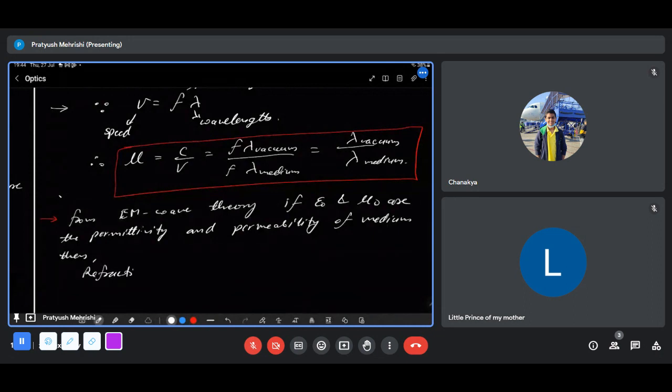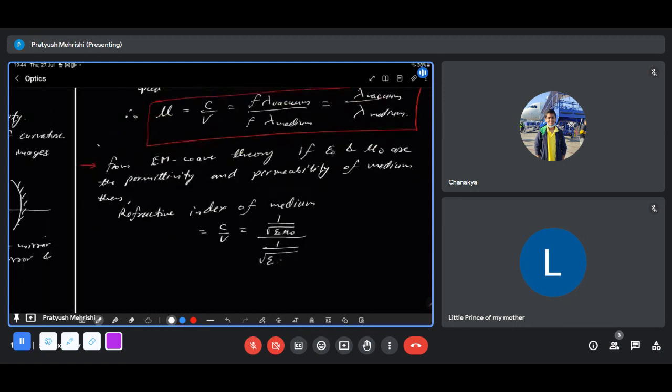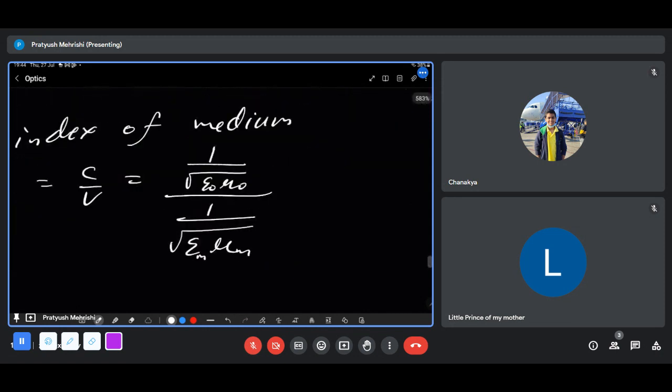then the refractive index of the medium, C upon V, will be 1 upon root of epsilon naught mu naught divided by 1 upon root of epsilon into mu, epsilon of medium and mu of medium.